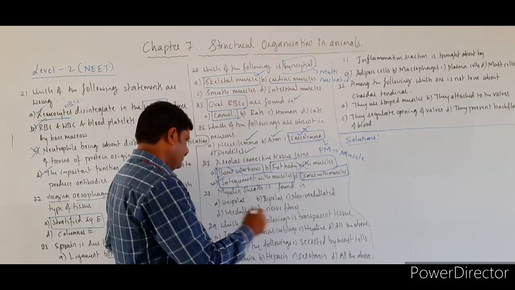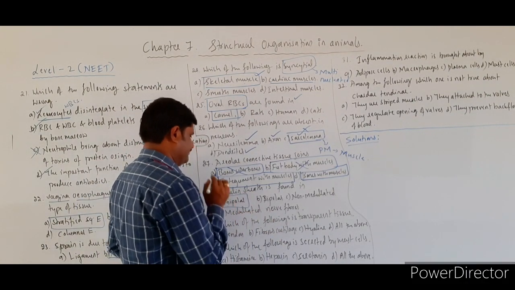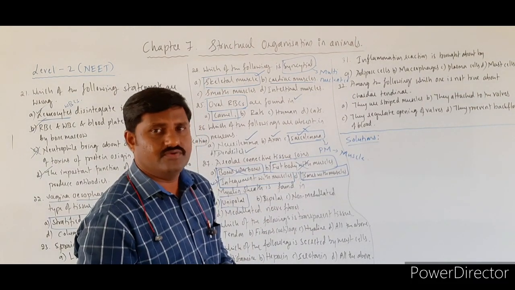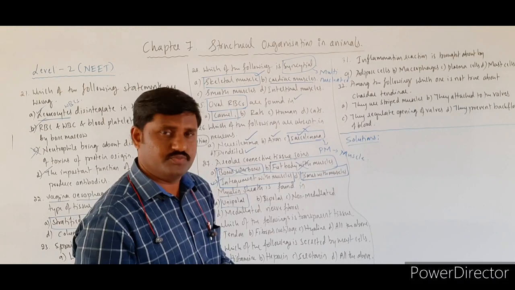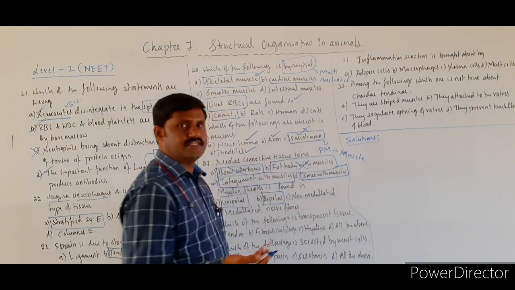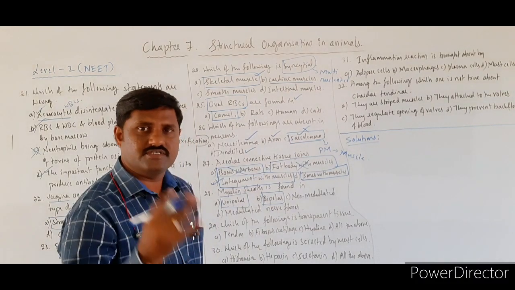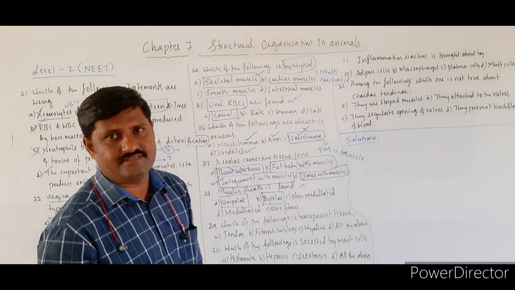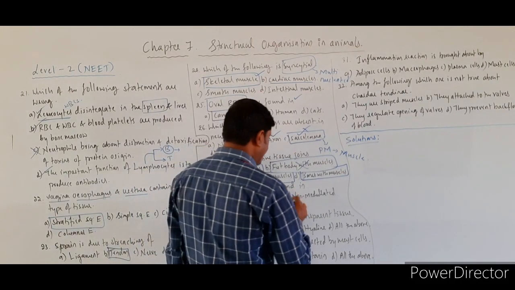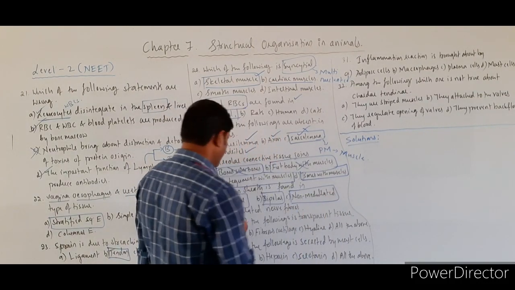In a unipolar neuron, a single process arises from the cyton. In bipolar, from two poles of the cyton, the dendrites as well as the axon originate.